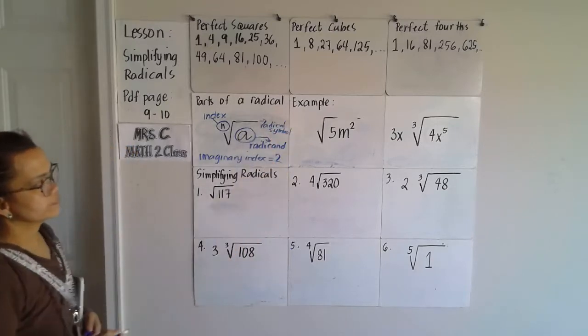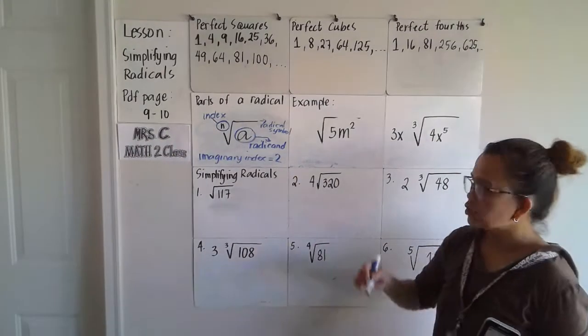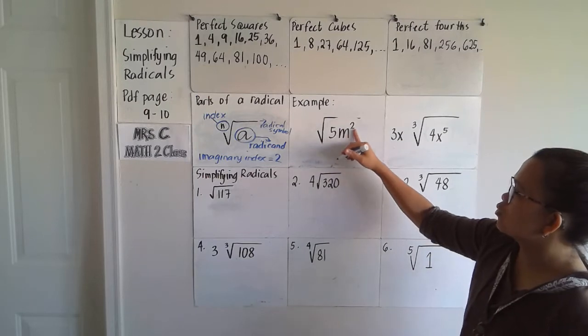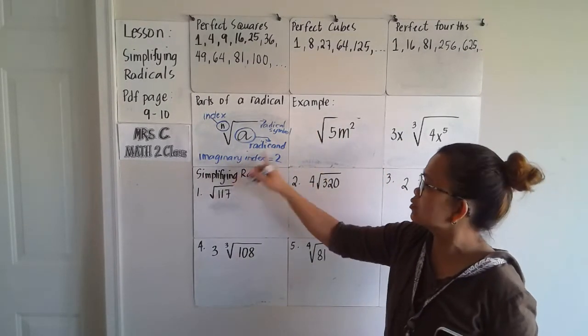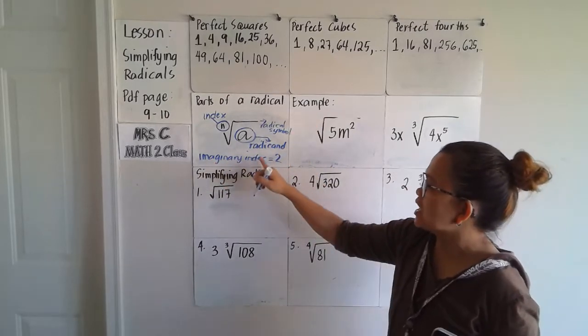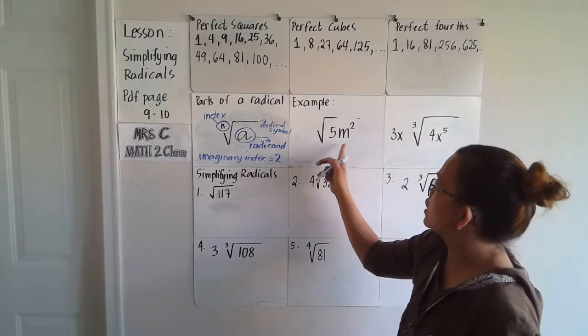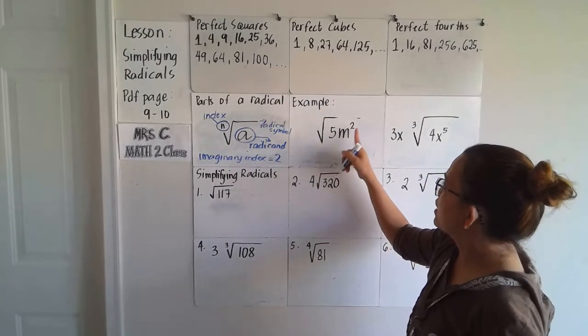Now, let's make an example. This will be read as the square root of 5m squared. How did I know that this is a square? Because as I said, if you don't see an index number, that means it is 2. So that's why it is a square root.